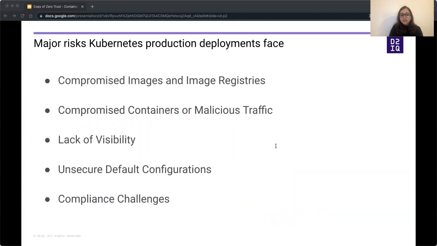We'll see some of the major risks that Kubernetes production deployments face and go through each one of them in detail. Compromised images and image registries. To ensure the security of images, organizations should implement strong governance policies that ensure images are securely built and stored in trusted registries.